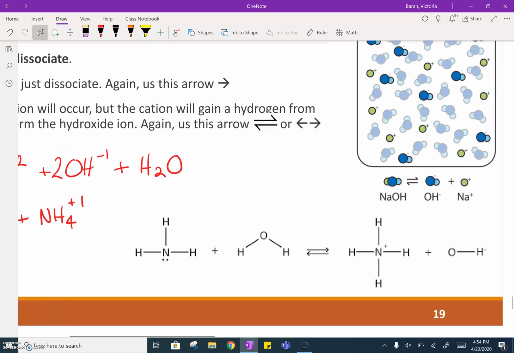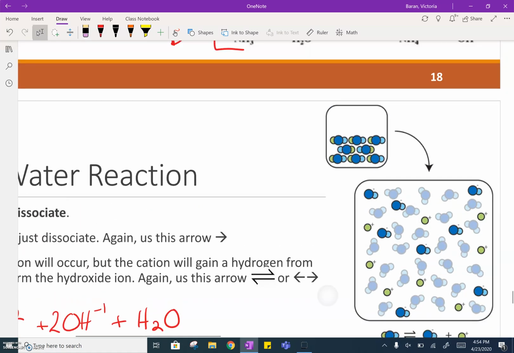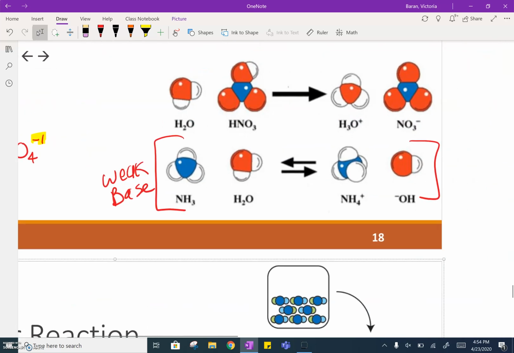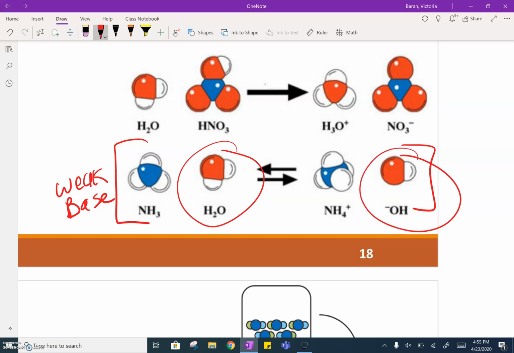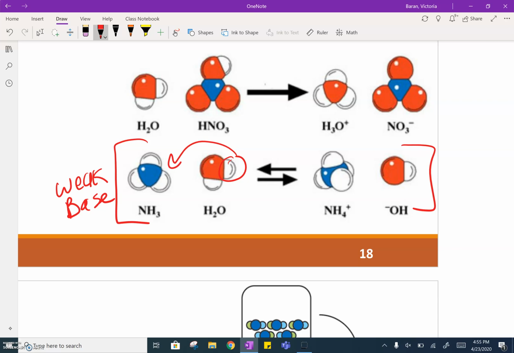And also, you can see an example of that here, and that was this example up here. So again, this is a weak base. It is reversible. Notice that the water became that OH by losing its hydrogen and giving it up, okay?